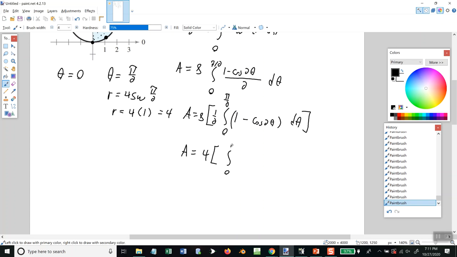And the integral from 0 to pi over 2 of 1 d theta minus the integral from 0 to pi over 2 of cosine 2 theta d theta.